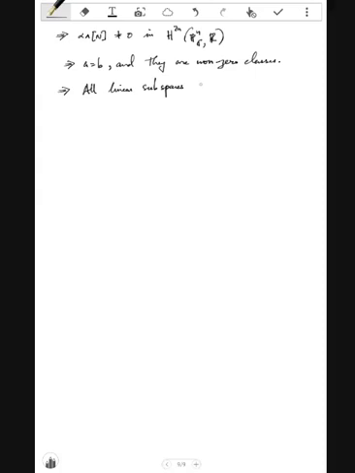So this implies all linear subspaces of codimension R have the same class in H^2R of P^n, C, R, and this class is non-zero.